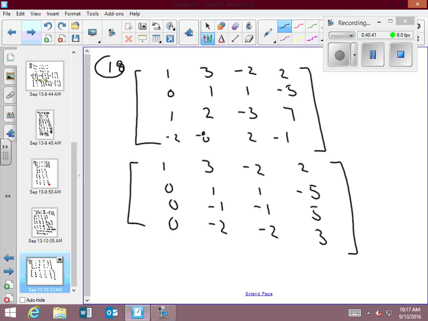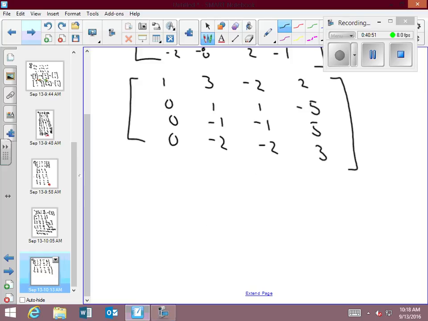So I got pivots in first row, second row. So I'm just going to get zeros down below the second column. Just like 1 times the first and add it to this third, 1 times the second.